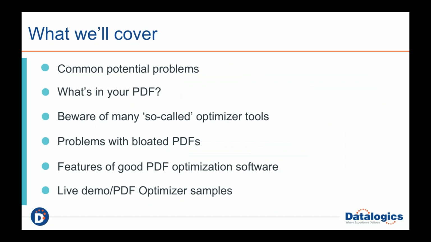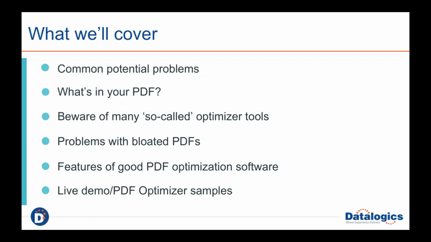So briefly, what we're going to cover in this presentation, as an overview, is common potential pitfalls and problems. We'll talk about what's in a PDF in general, what to be aware of with some so-called optimizer tools that exist for PDF, and we'll talk about the problem that we like to call bloated PDFs, and we'll explain later what that means.